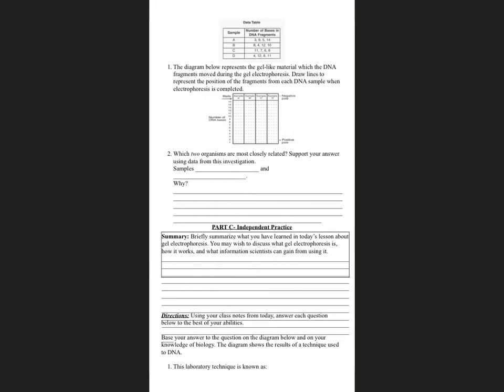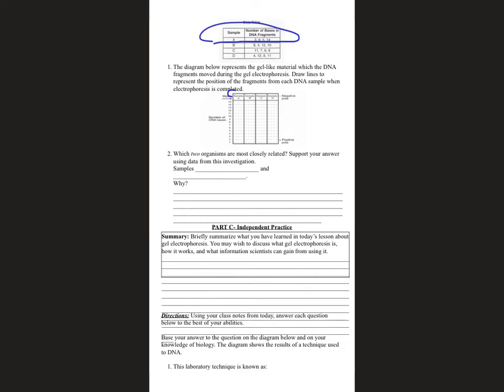So what I'm going to do is, for sample A, I'm going to do that one with you guys. So if we're looking at sample A, we're looking at all of this here, and we're also working with this row. So, the number of bases in DNA fragments, there are 4 different numbers here. We have 3, 9, 5, and 14.